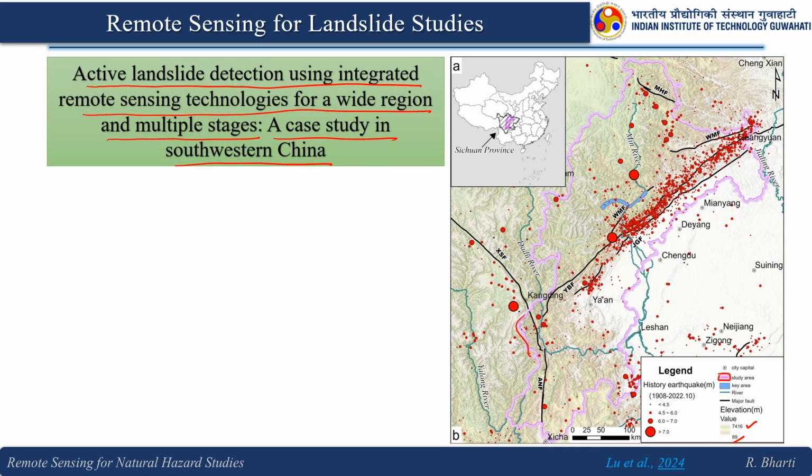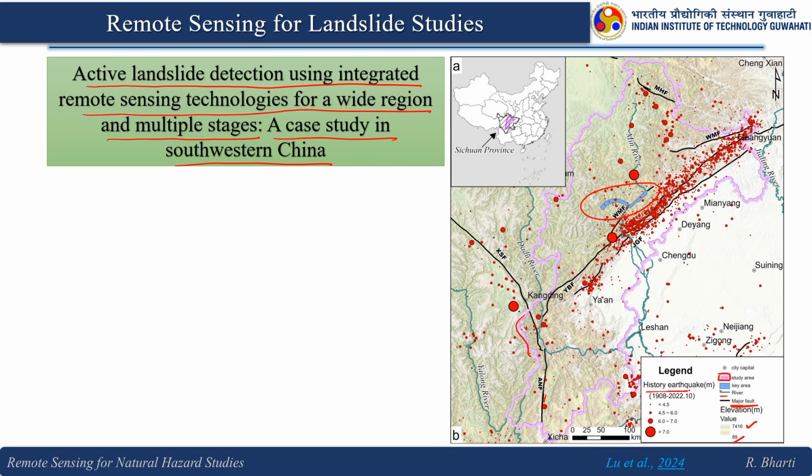The blue color is the key area, the green color represents the river, and the major faults are represented by this black line. XSF, ANF and YBF are the major faults present in this particular area.